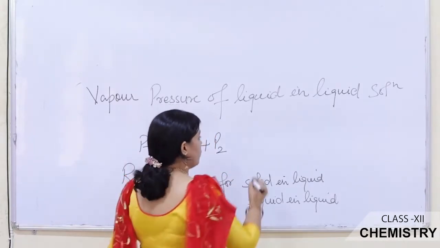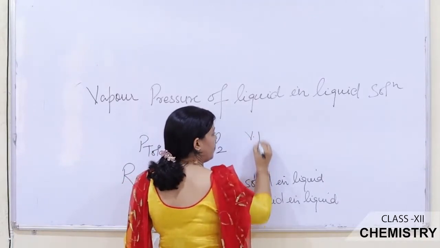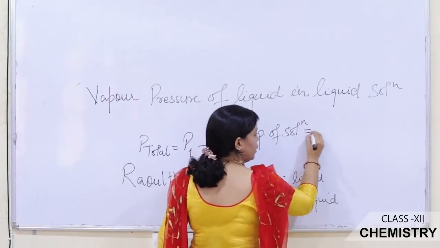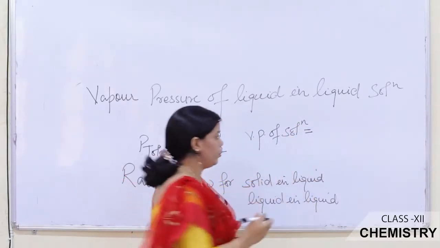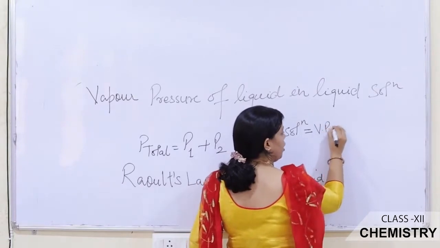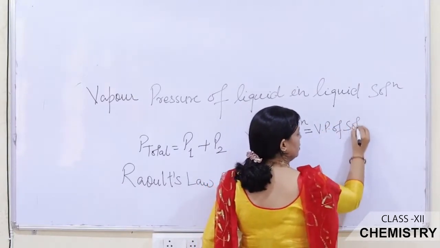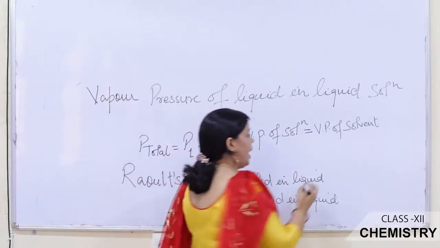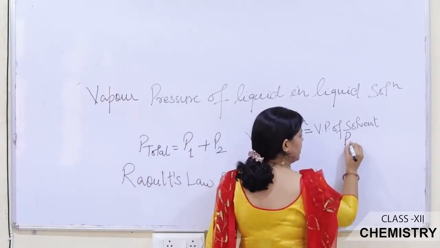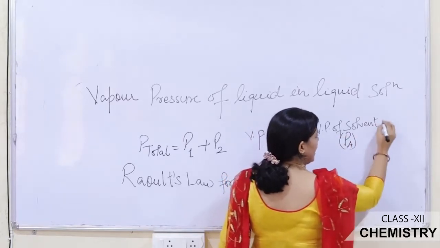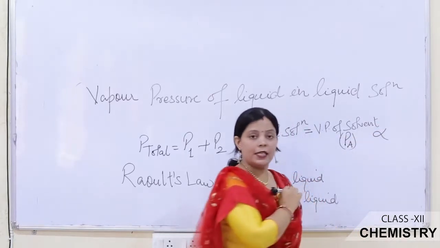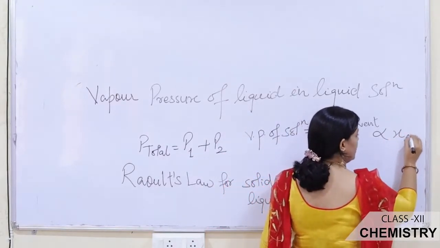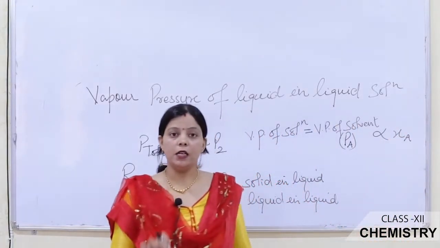It means the vapor pressure of the solution is equal to the vapor pressure of the solvent, because in this case the solute is non-volatile, and the vapor pressure of the solvent is represented by Pa, and that vapor pressure of the solvent is directly proportional to the mole fraction of the solvent present in the solution.